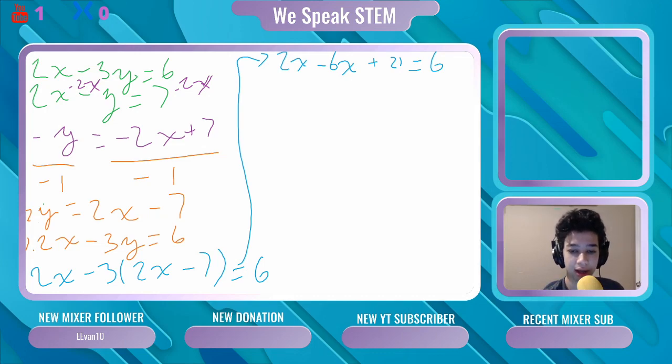We're going to get obviously 2x minus 6x, which is -4x plus 21 equals 6. But if we subtract 21 from each side, we're going to end up with negative 4x, because 6 minus 21 is going to be negative this time around, so we're going to have negative 15.